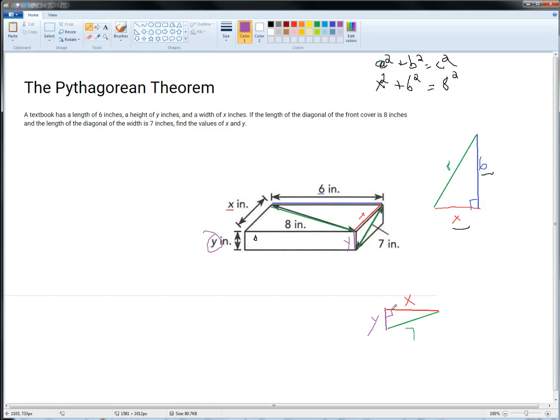This is a right triangle. You're going to plug these values in to the Pythagorean theorem. Let's call a y. B is x.